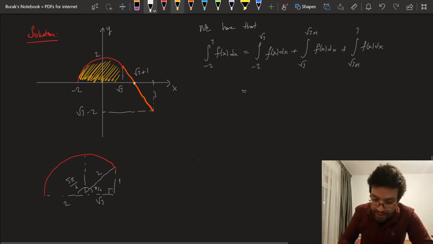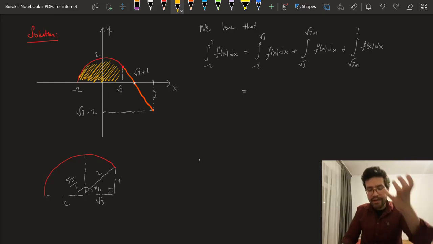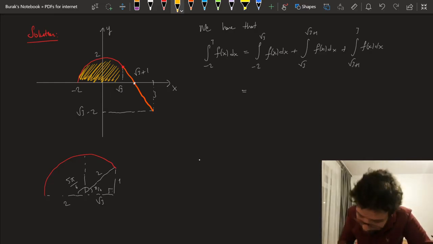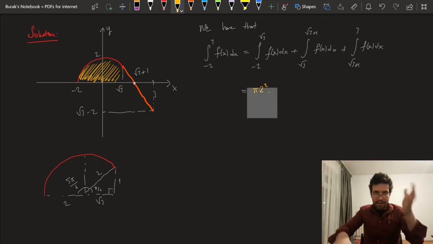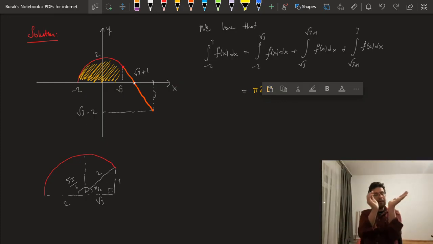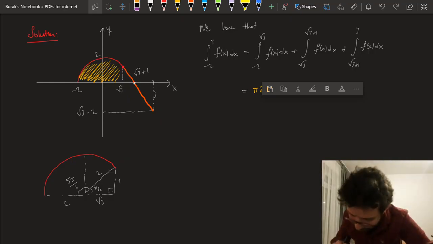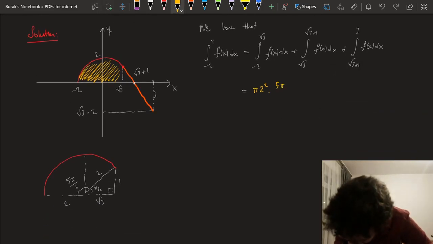which means that this yellow region has area. Let's compute this. The full disk with radius 2 would have area pi times 2 squared. But I'm only taking a portion of it. How much of it am I taking? 5 pi over 6 over 2 pi of it.